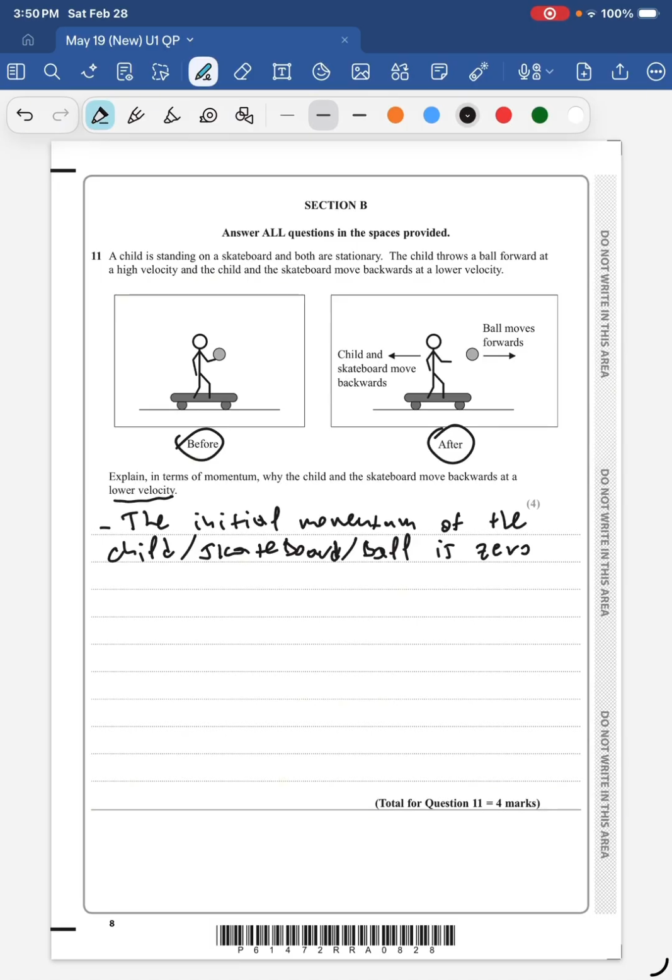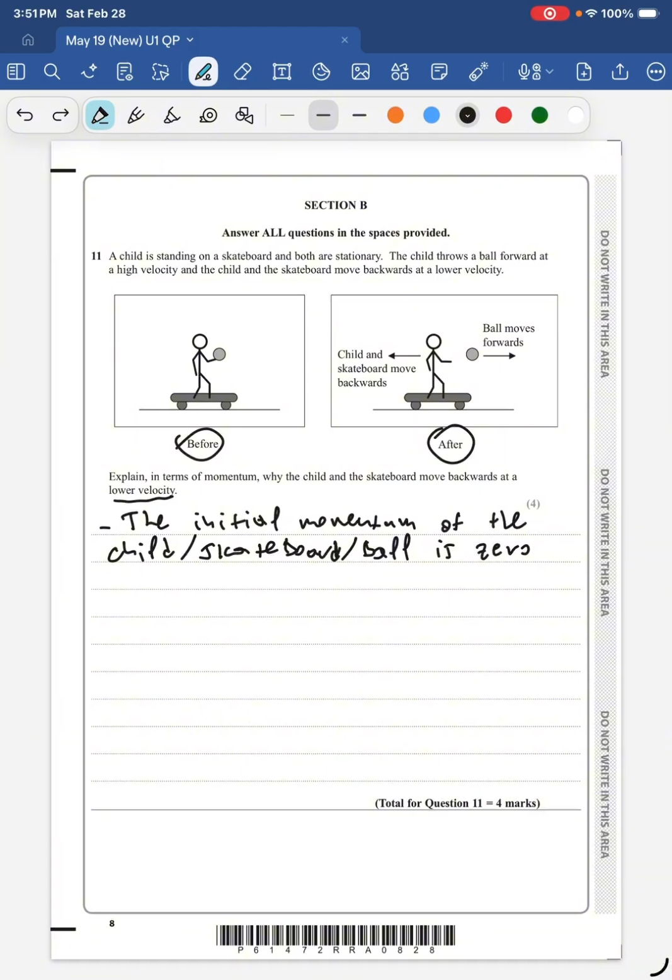Okay, and I'm gonna digress a little bit and remind you that this is a 4-mark question, you can see it down there. Which means that first of all, it should take you about 4 minutes to answer, and the second thing is that in conceptual types of questions, usually if it takes 4 marks, you have to provide 3 to 4 points. So the first point is to say that the initial momentum is 0.